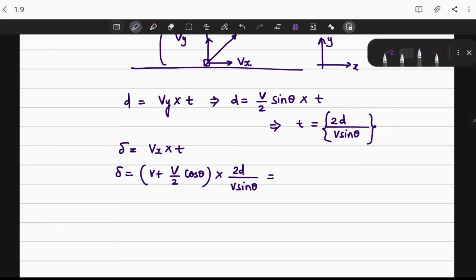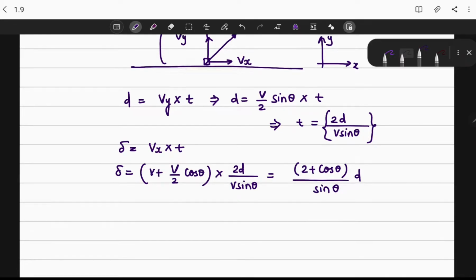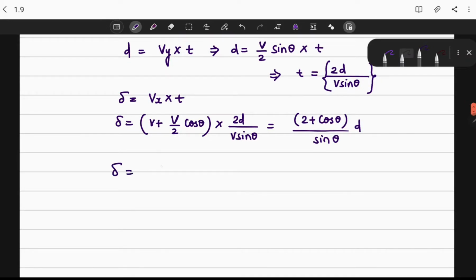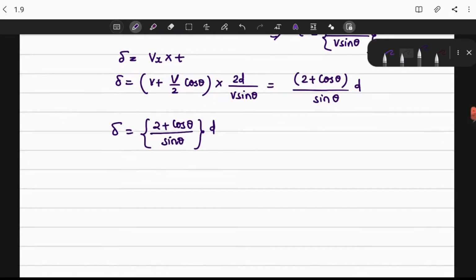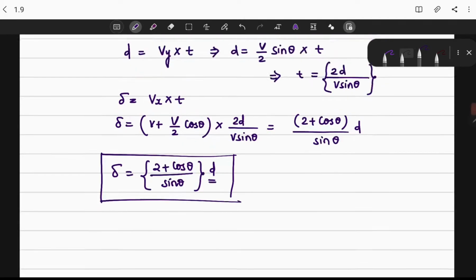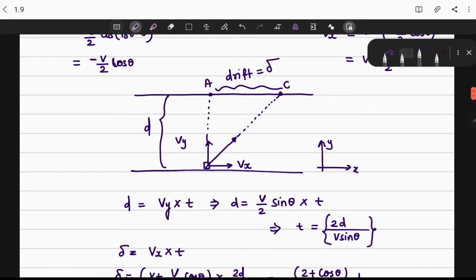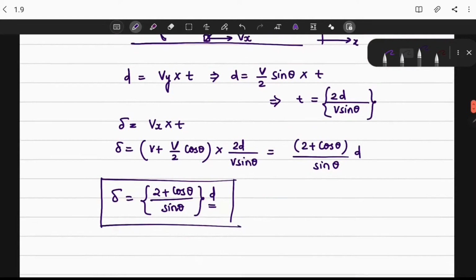From here we get the drift equal to 2 plus cos theta, whole divided by sin theta, into d. This is the equation of drift that we got. It depends on theta, and d is constant because we have assumed this distance is d.